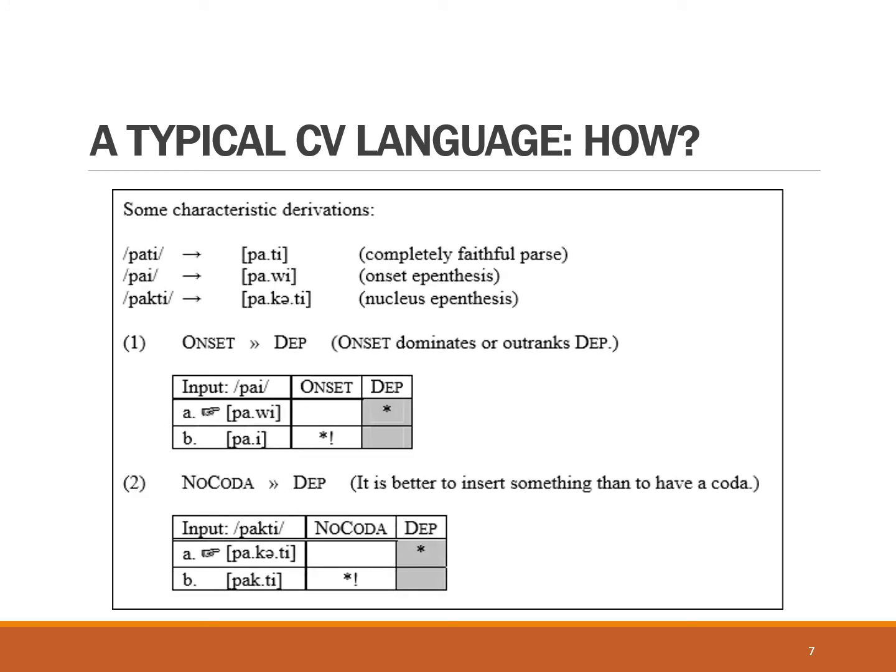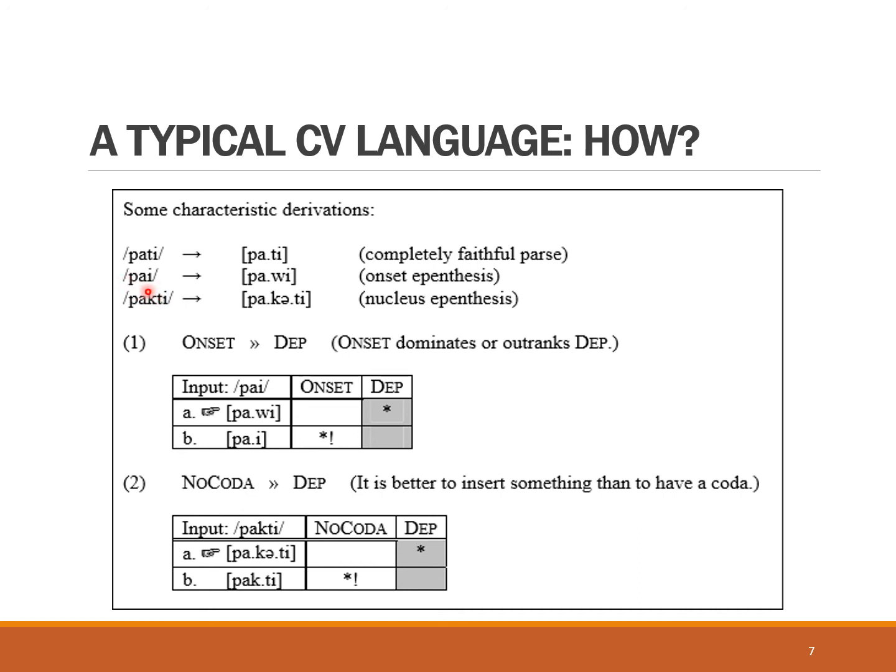Some of the basic characteristic derivations are noted here. There are three examples you can see. In the input structure you have party, and in the output you also have party, so there is no change. But in the second case, because the language wants to conform to a CV structure, a consonant is inserted to break the complex nucleus in the input string pi.